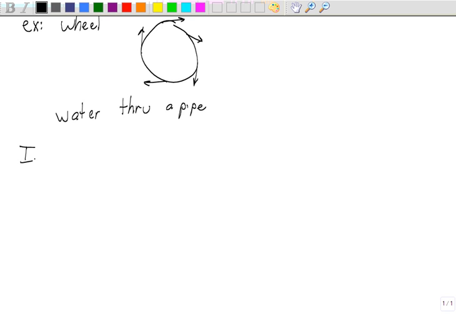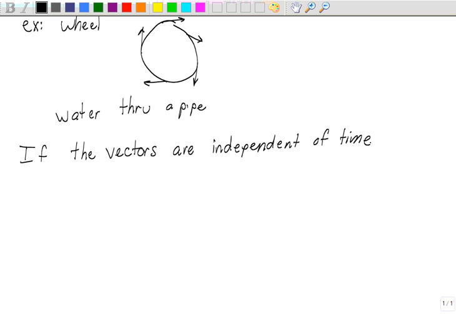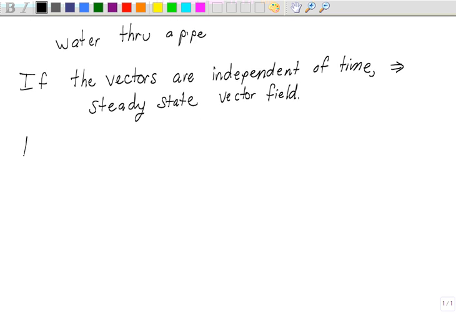If the vectors are independent of time, it's called a steady state vector field. That means time doesn't matter. All right, so in this problem, let x, y, z be a point.